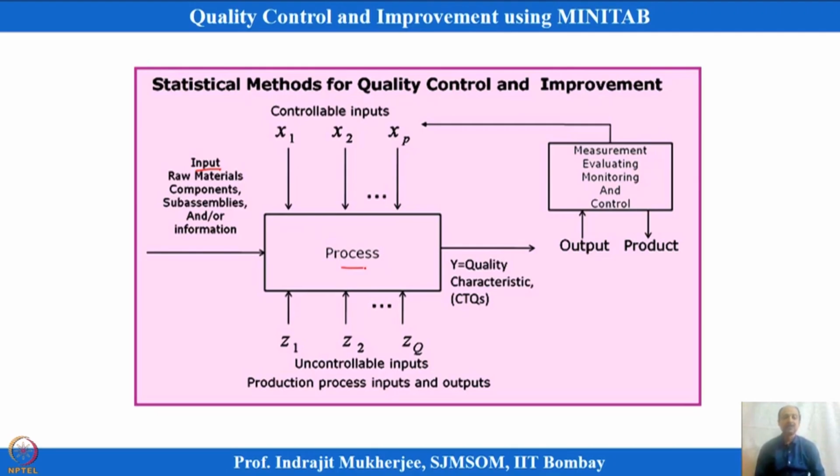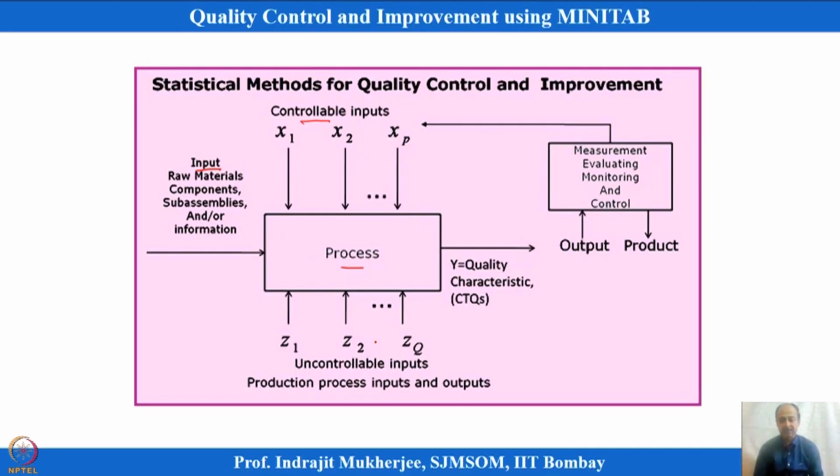So, this is a single stage process, and there will be some variables which can be changed; these are known as controllable variables. Some variables we may know about, but it is uneconomical to control them or they cannot be controlled, and people call these noise variables.